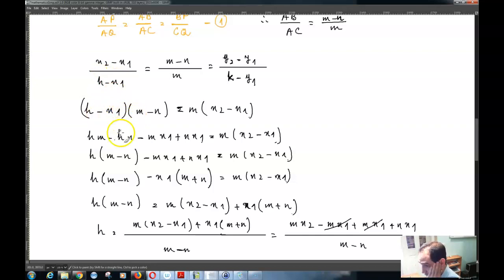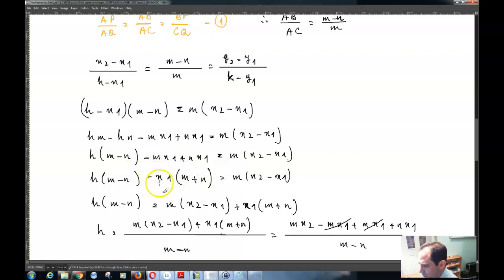And so I have hm minus hn minus x1 m plus x1 n is equal to m times (x2 minus x1). So I can take an h out: h times (m minus n) minus m x1 plus n x1 is equal to this.